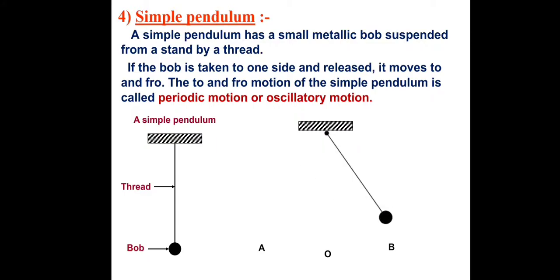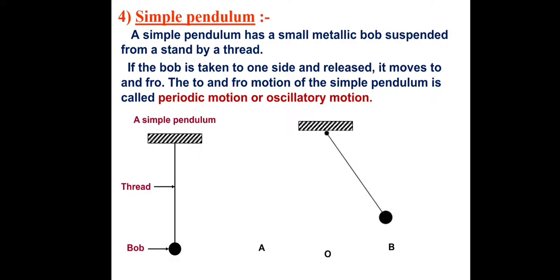This type of to and fro motion of an object is called oscillatory motion, and this is also known as periodic motion because the same distance is traveled by the pendulum or object in equal intervals of time. So this is periodic motion, meaning it keeps on repeating itself after a fixed interval of time.